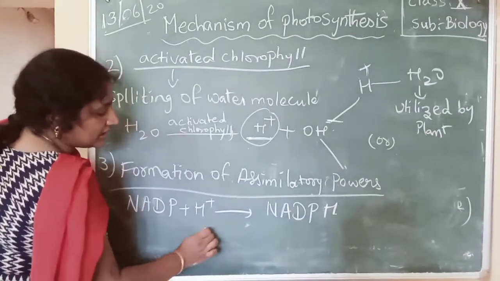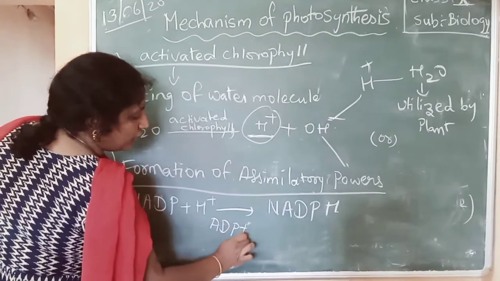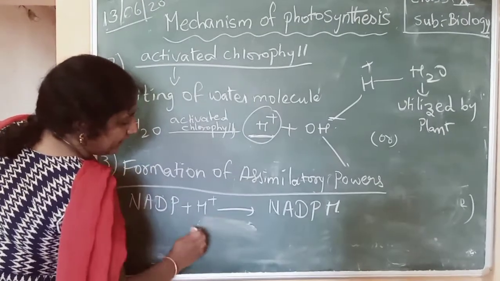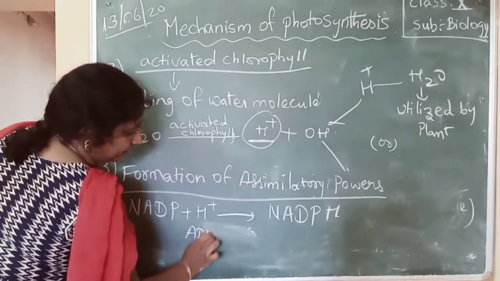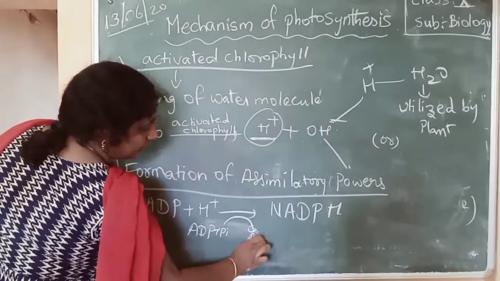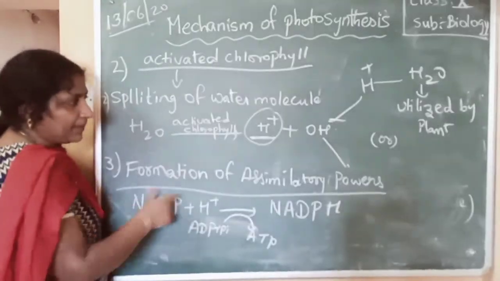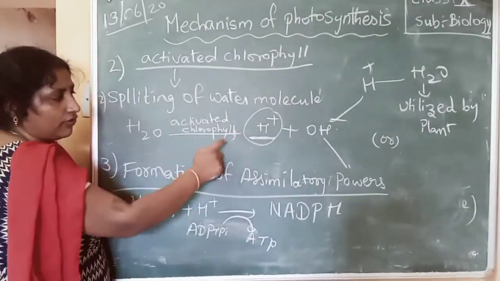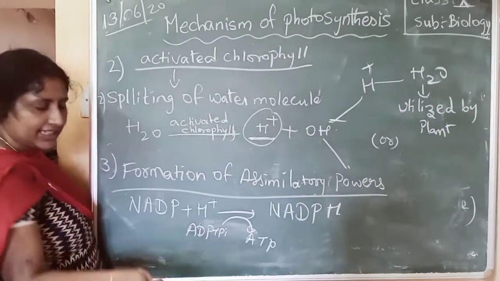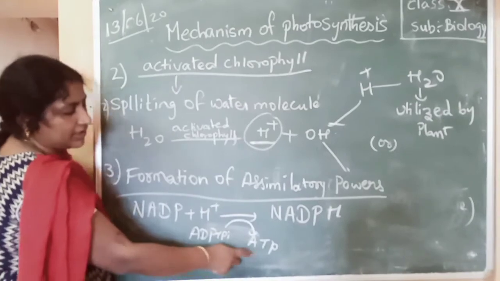During this process, energy is liberated. ADP combines with phosphate to form ATP. So when NADP reacts with the hydrogen ion formed in the second step, energy is liberated, and ADP combines with phosphate and ATP is formed.